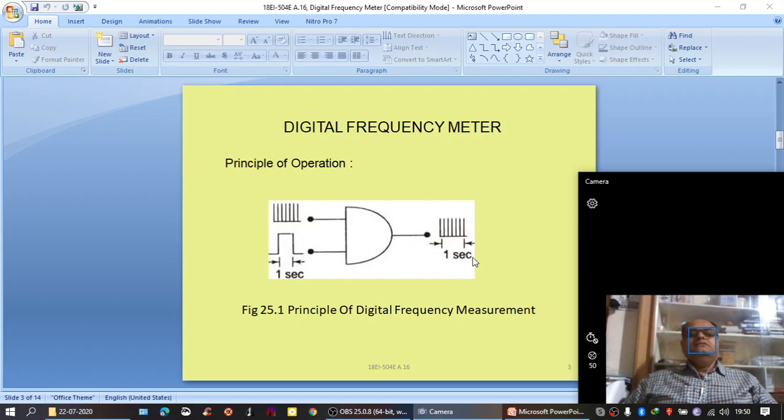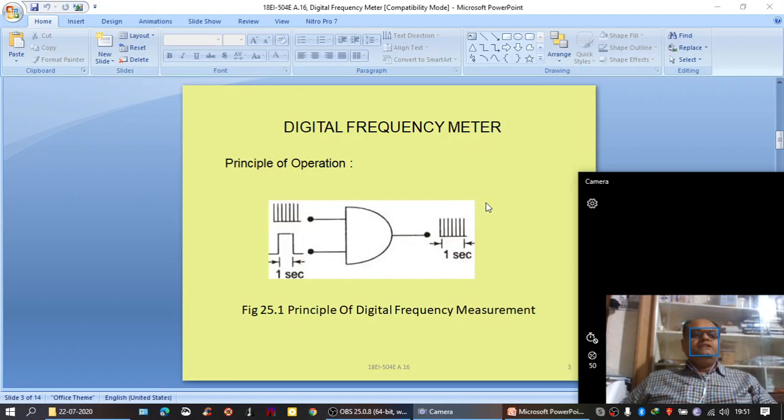So like that, depending upon the pulse width of the gating signal, we can conveniently calculate the frequency from the display of the counter.